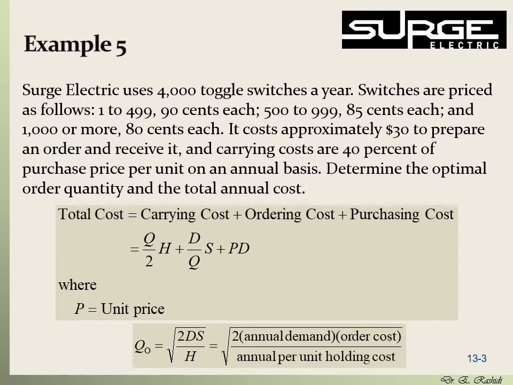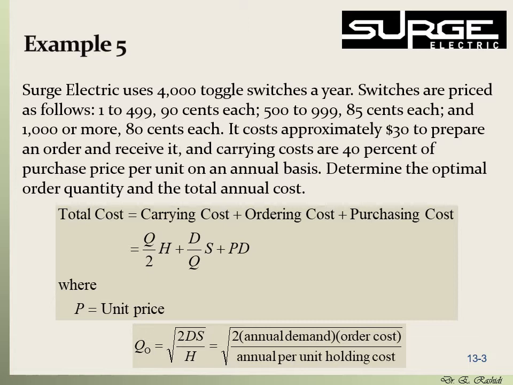Here is the example. Surge Electric uses 4,000 toggle switches a year. Switches are priced as follows. If they purchase between 1 and 499, the price would be 90 cents each. If they purchase between 500 and 999, the price would be 85 cents each.